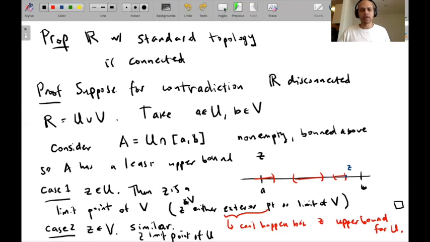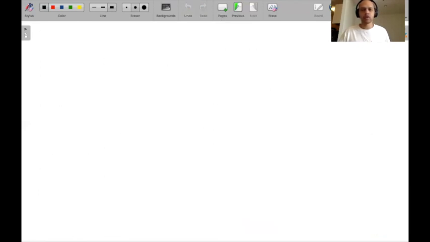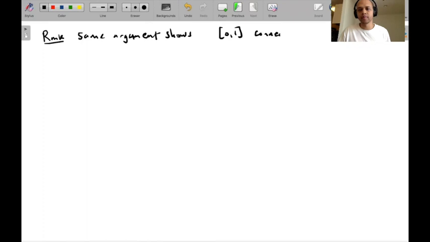Okay, so that is a useful thing to know. And let me just remark that the same argument shows that the interval 0, 1 is connected. Which is what you would hope.